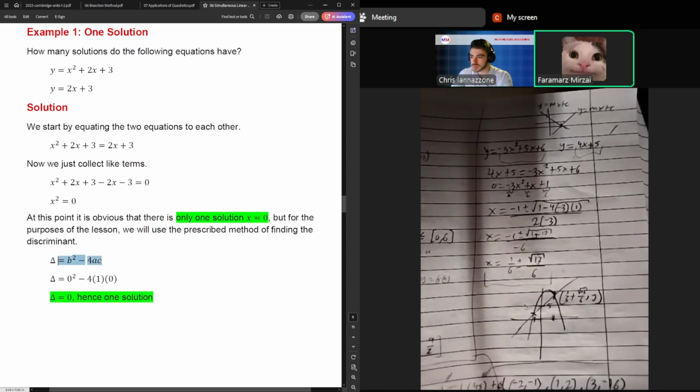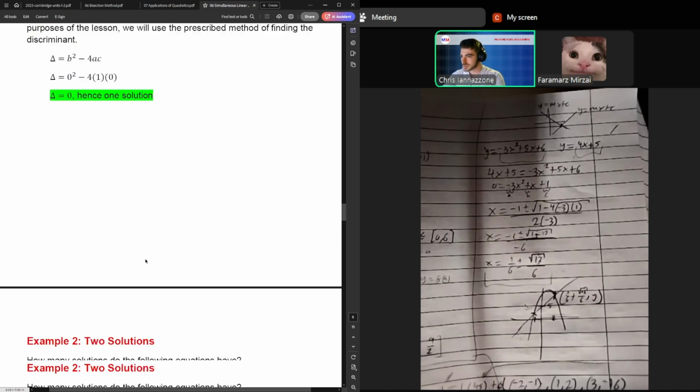But just to be devil's advocate, using the discriminant method, a equals 1, b equals 0, c equals 0. Sub it in, and the discriminant equals 0. So whenever b or c is not given, it just equals 0, right? Correct, precisely. That's one possibility.